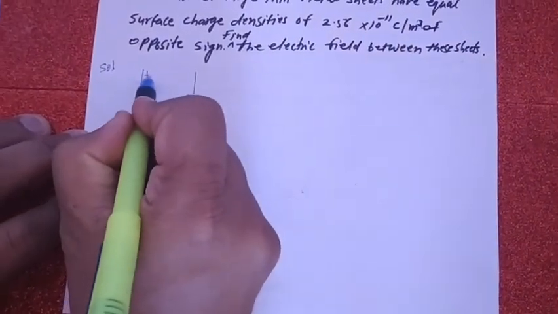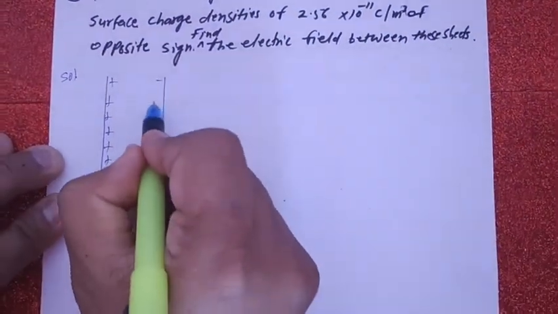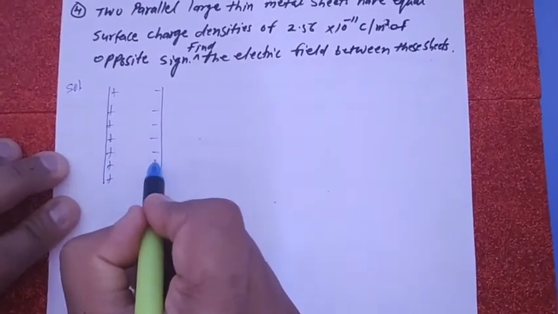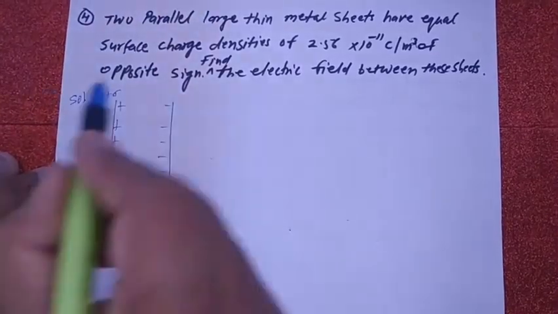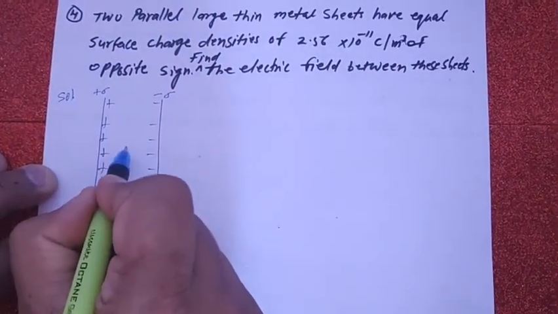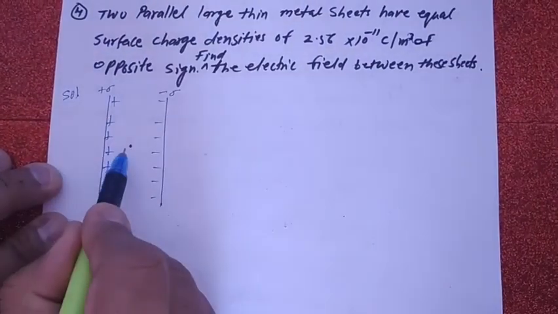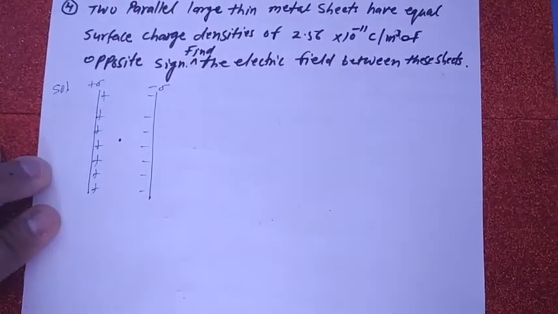We have two sheets with different charges. Surface charge density is plus sigma here, minus sigma here. We have to find the total electric field at this point between the two sheets.